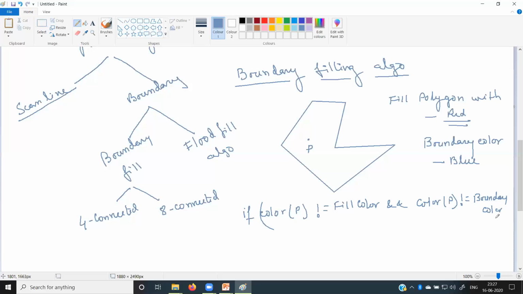So if both conditions are satisfied, in that case we will set the color of P by red. Rather, here I am writing red, but to generalize it, it will be fill color. Set color of the point P by the fill color.